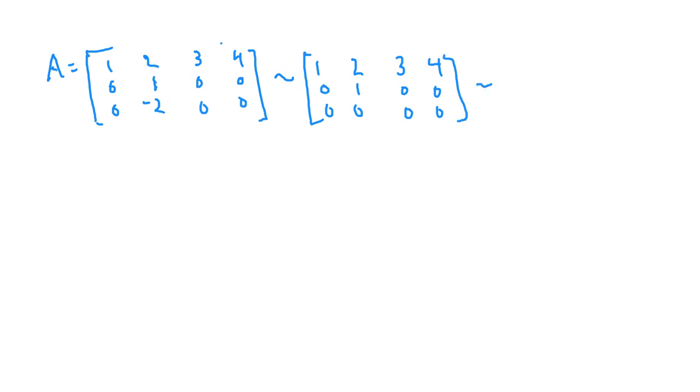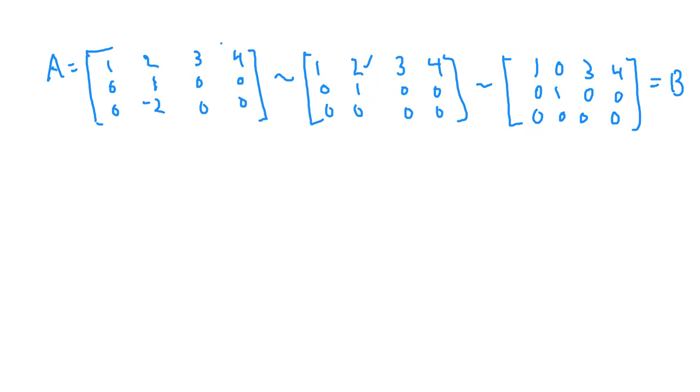And I can even go a little further than this. I can also get this matrix in reduced echelon form. I don't have to, but I'm just going to do it for the purposes of this example. So that means the 2 here, I would want it to be a 0. So I take negative 2 times the second row, add it to the first row, and put the result in the first row. Let's call this matrix B.